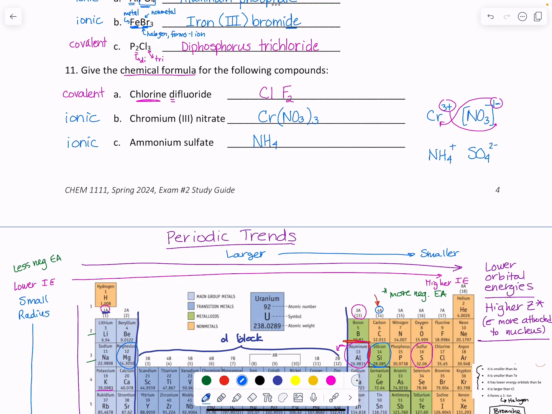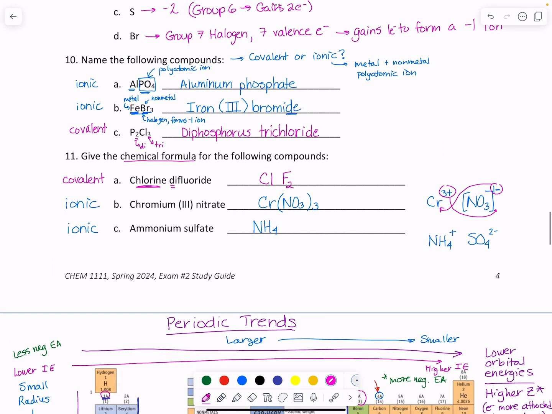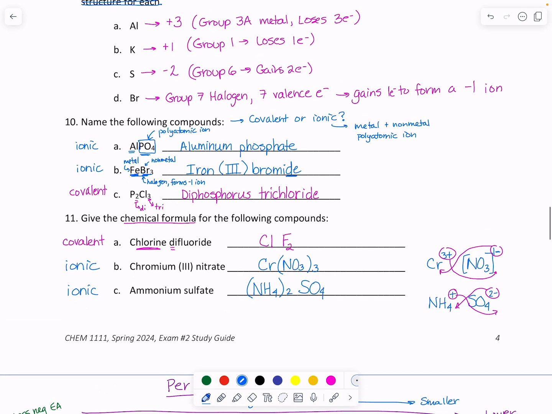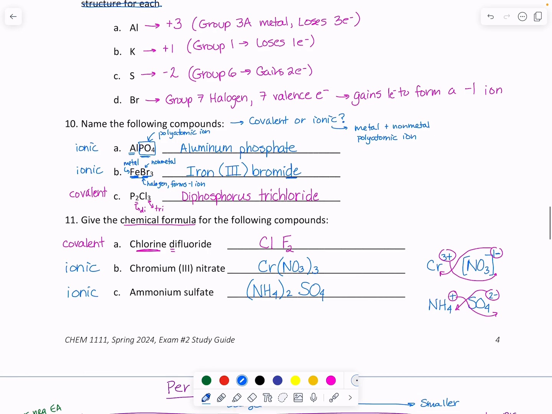Using our little crisscross to determine the subscripts, the ammonium is going to get a 2 for a subscript because it takes 2 of those positively charged ammonium ions to balance the negative charge of a single sulfate ion. So that's going to be the formula for ammonium sulfate. All right, and that's it for the exam review.